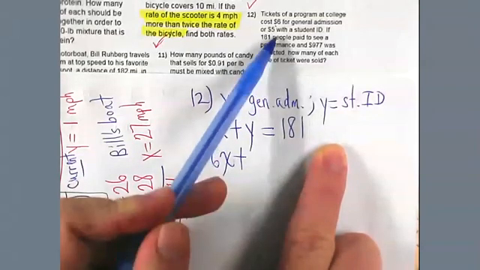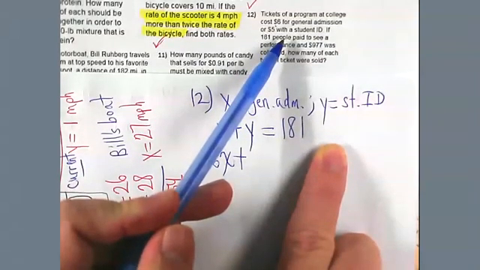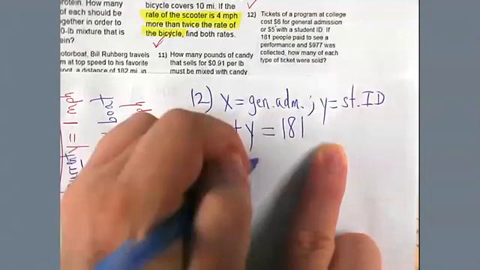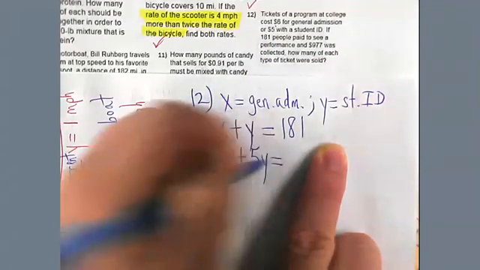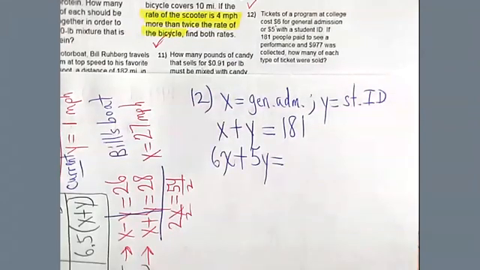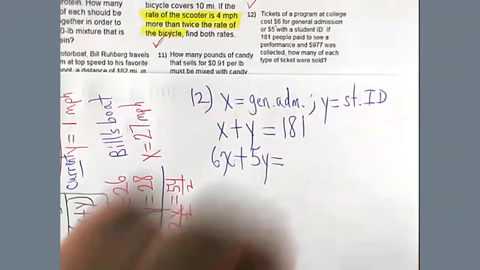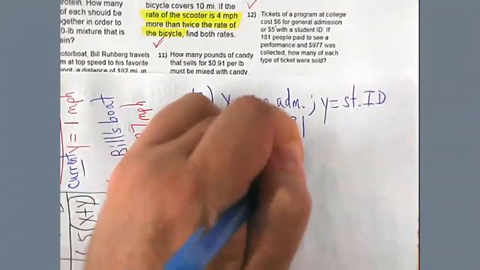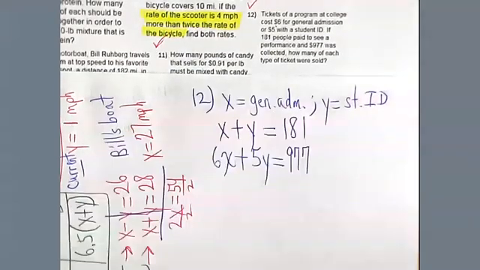With a student ID, the tickets cost $5 apiece, so we can represent that as 5y. And altogether, $977 was collected. So that's what our second equation is equal to, 977.